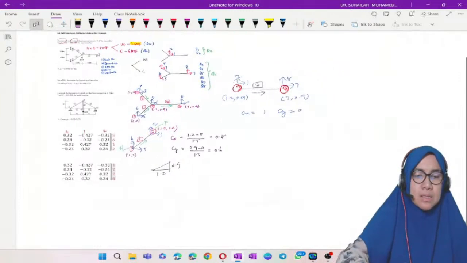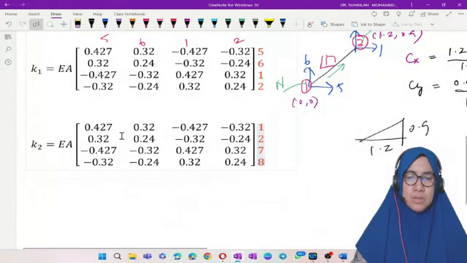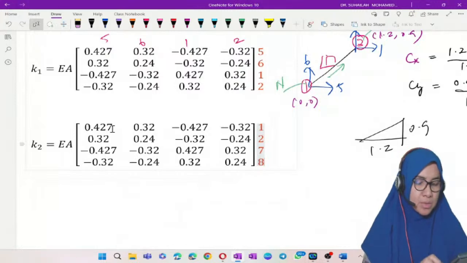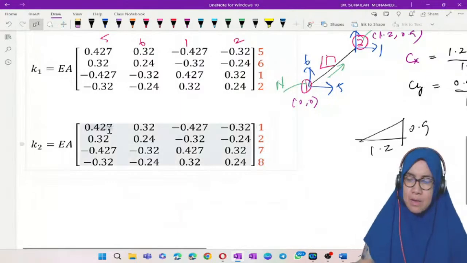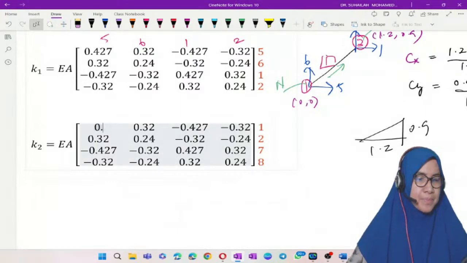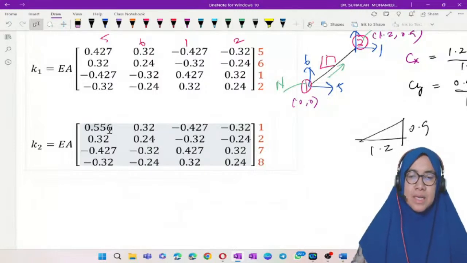Okay, so we have Cx square divided by L. Cx square 1 divided by L is 1.8. So we will have 0.556. Cx Cy we get 0.